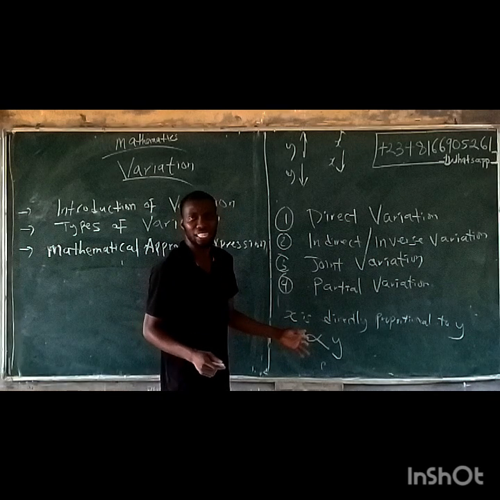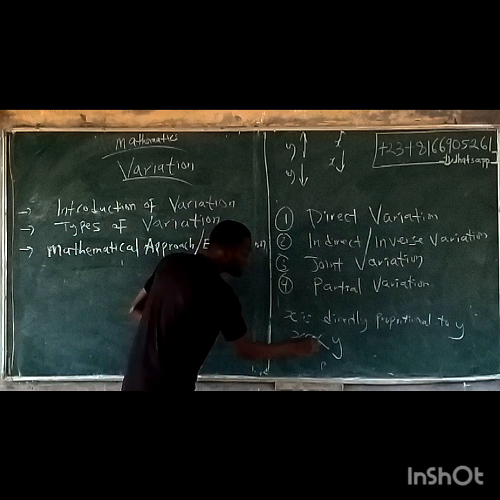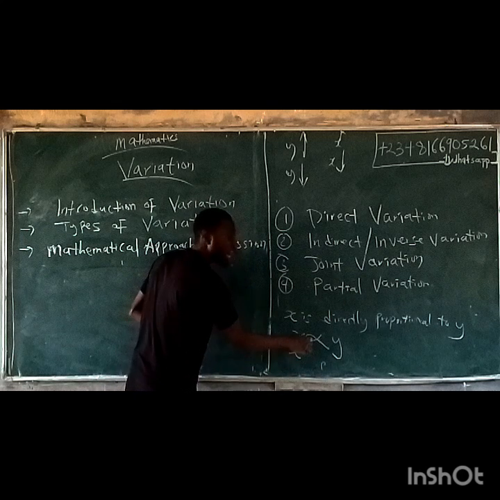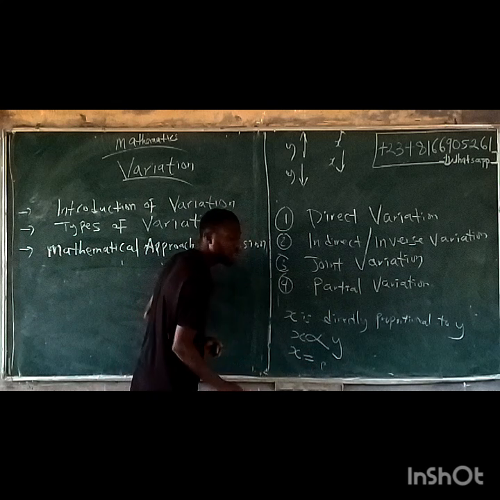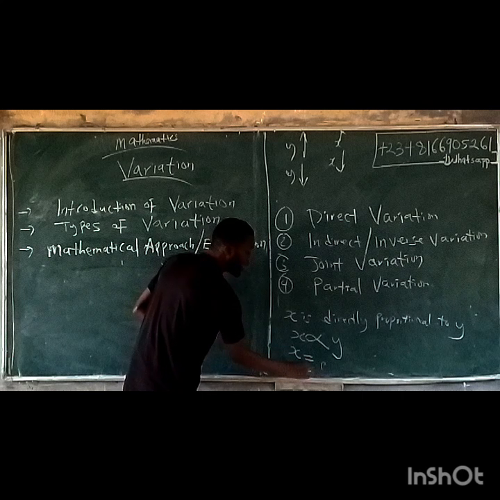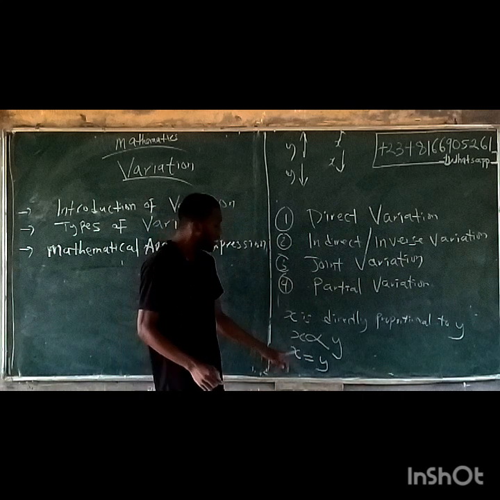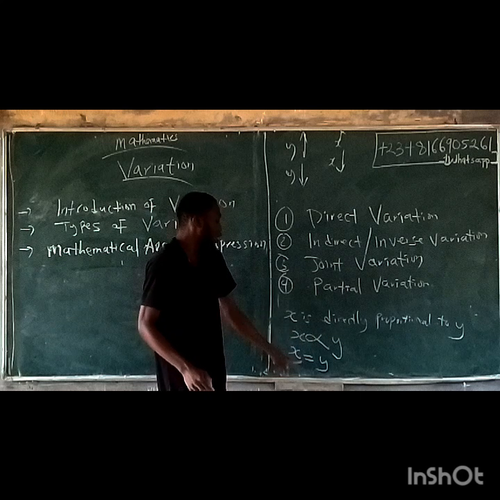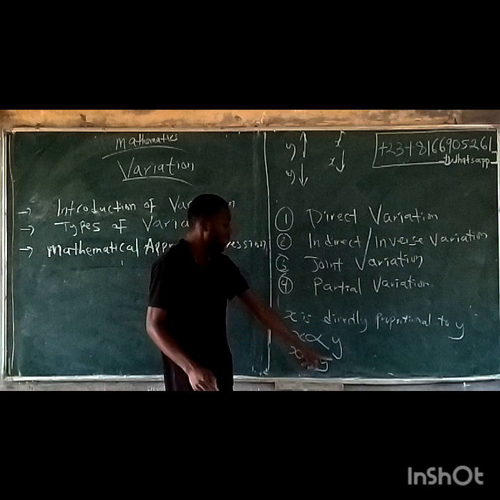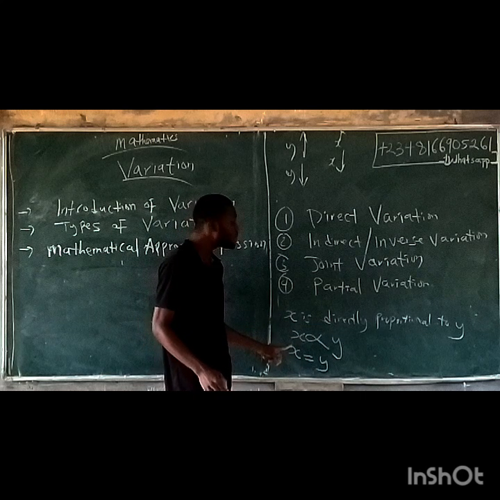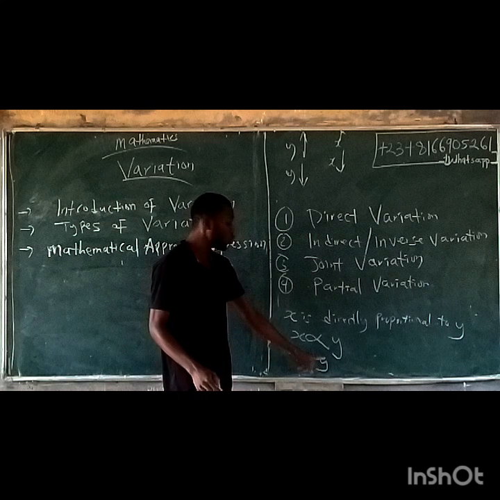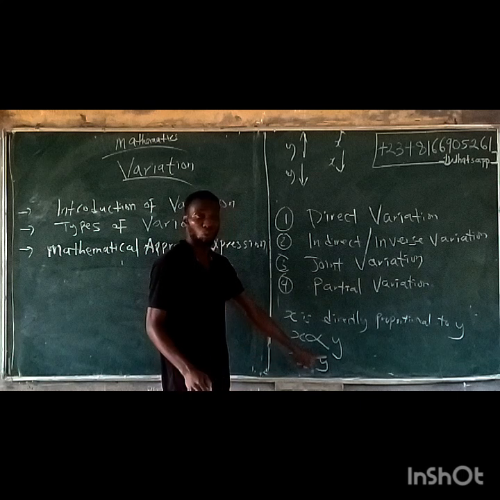So don't bother about the sign there. Now, this sign will turn to an equal sign, so x equals y. What are we saying? This is telling us that x is equal to y. So whatever value is here is equivalent to what is there. That is the same with what should be here.